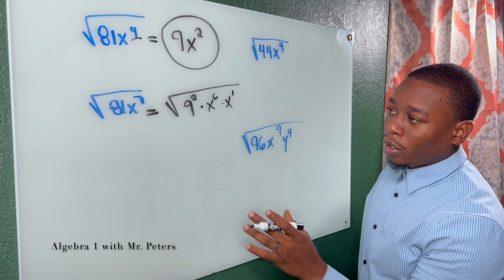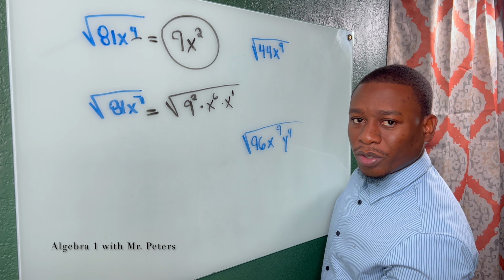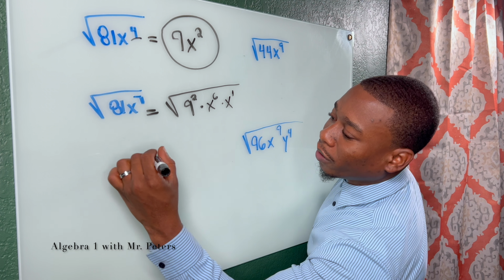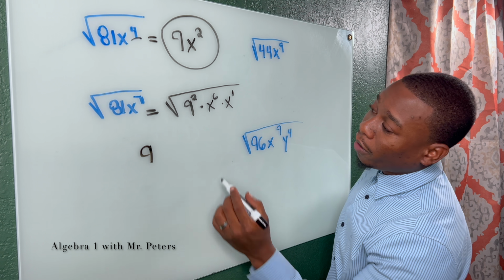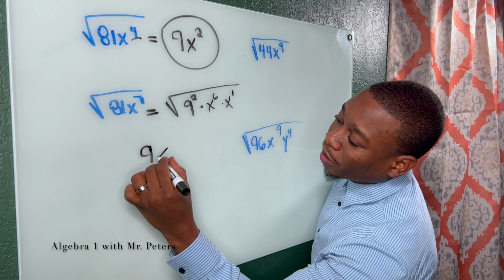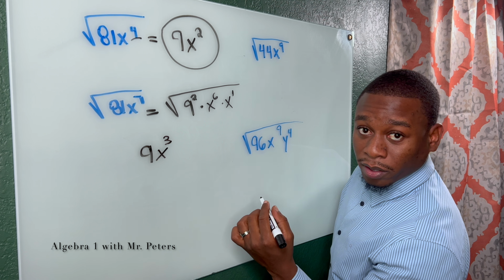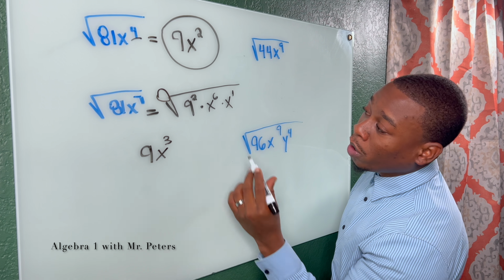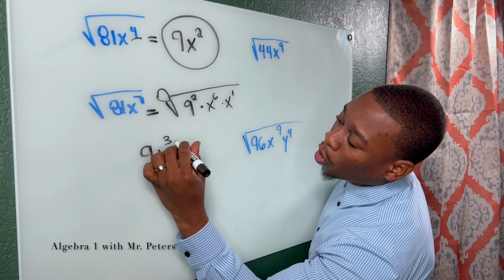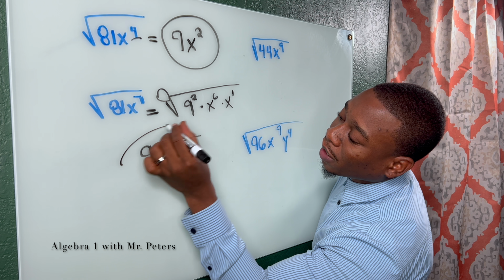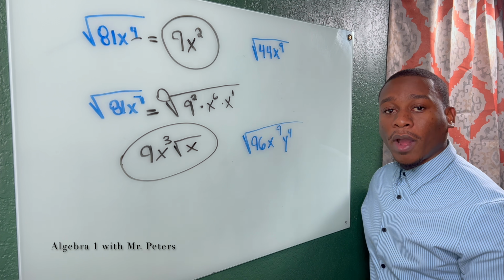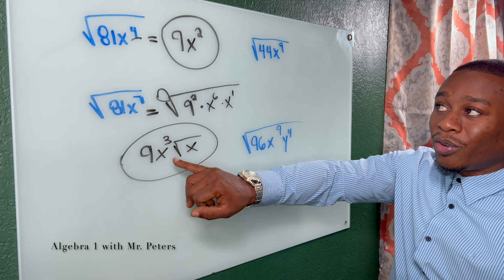So now, 9 squared, what's the square root of that? It's just 9. So we have 9 on the outside. X to the 6th turns to x to the 3rd, divided by the root, which is 2. And now x to the 1st power, we cannot simplify it, so it stays under the radical. So this would be our final answer.